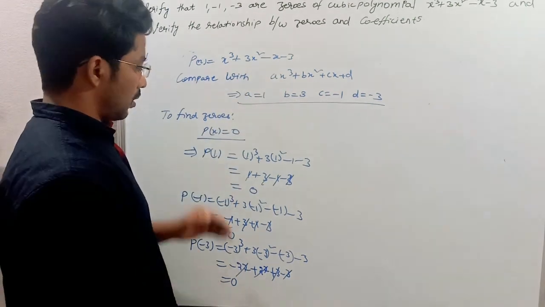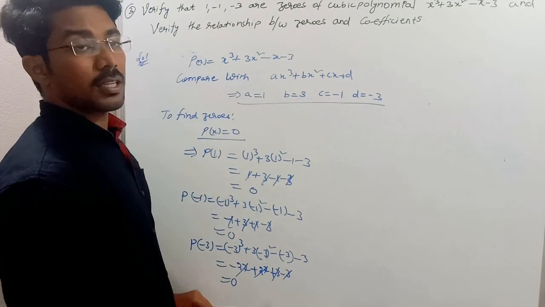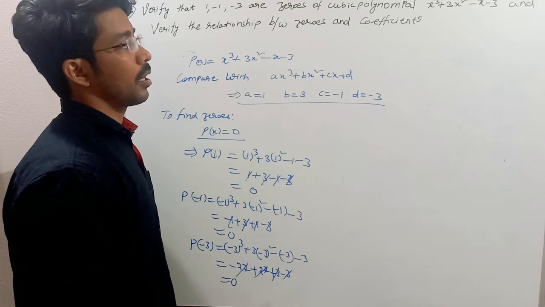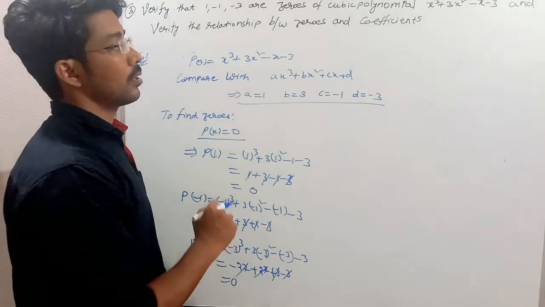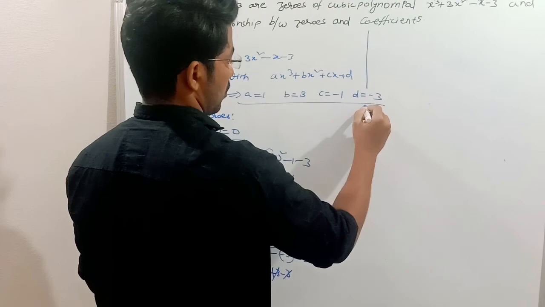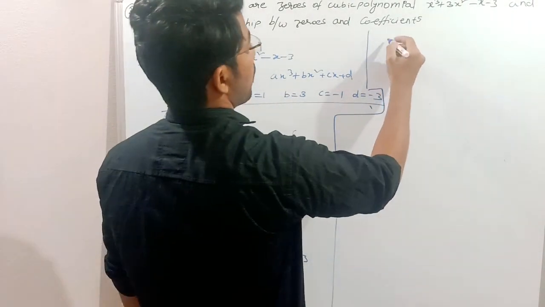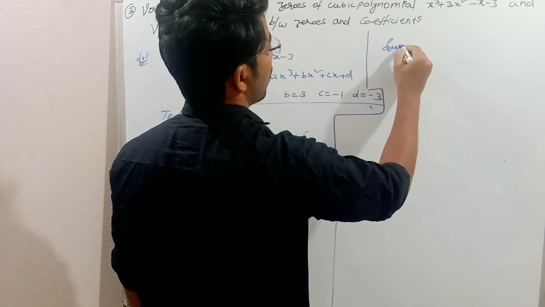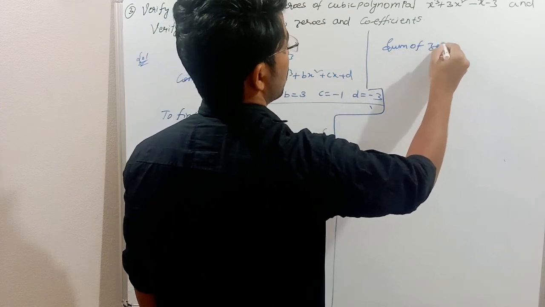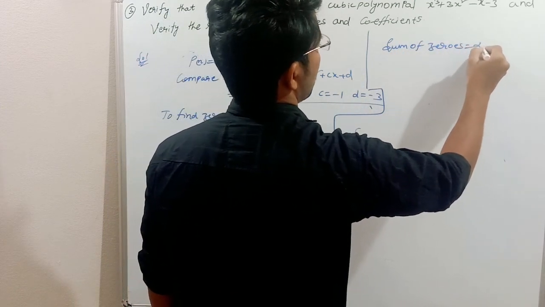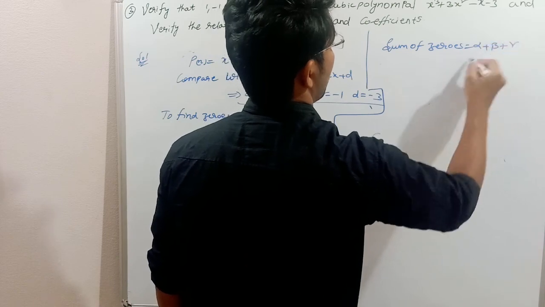So as these three are the zeros, let us take them as alpha, beta and gamma. Those are the three zeros of the given polynomial. Now the sum of zeros is equal to alpha plus beta plus gamma.